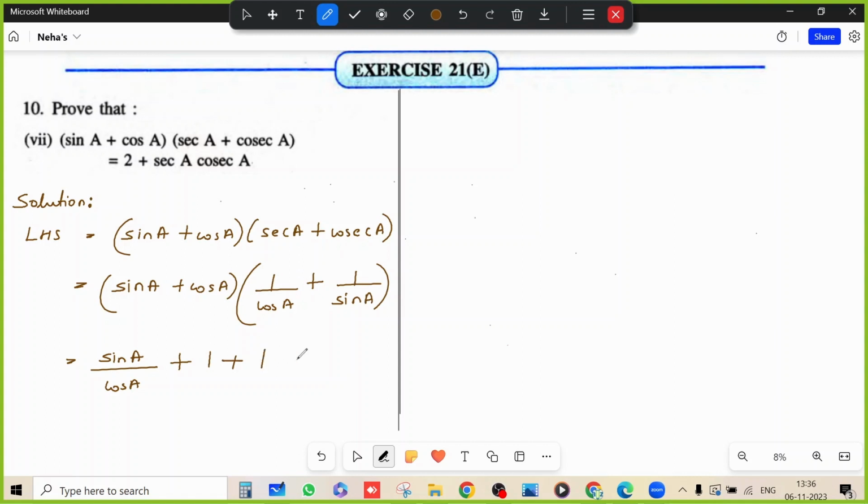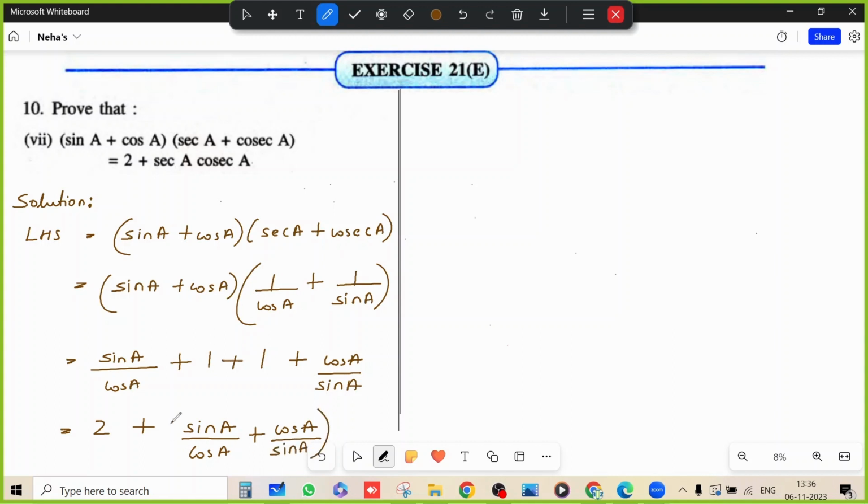So this will become 1 plus cos A by sin A. Now this is equal to 1 plus 1, that is equal to 2. Sin A by cos A here will be grouped along with the last term of the expression. So this will become sin A by cos A plus cos A by sin A.